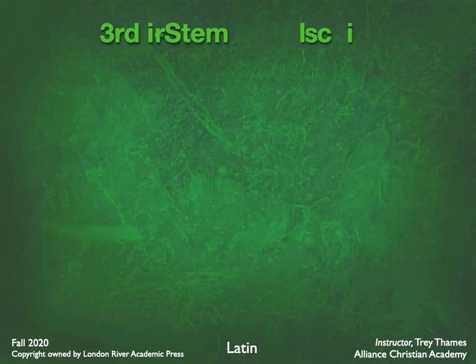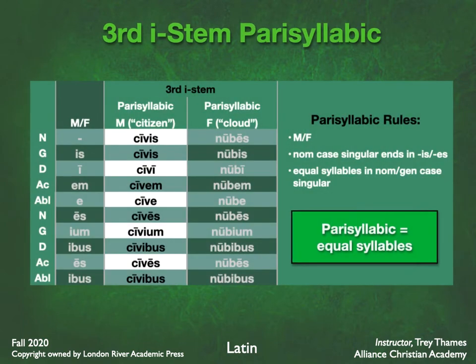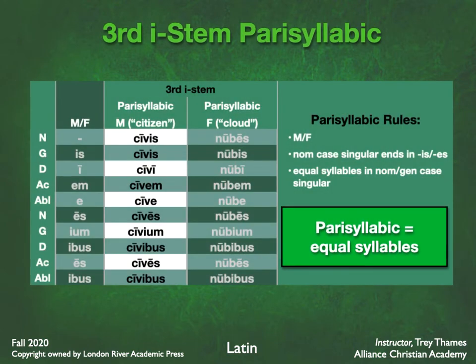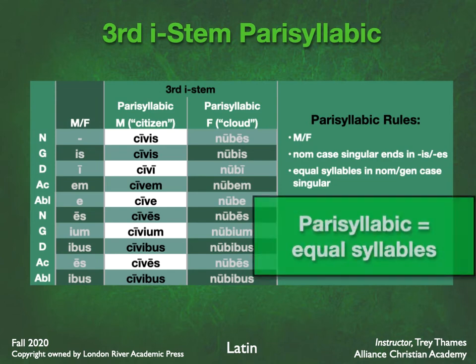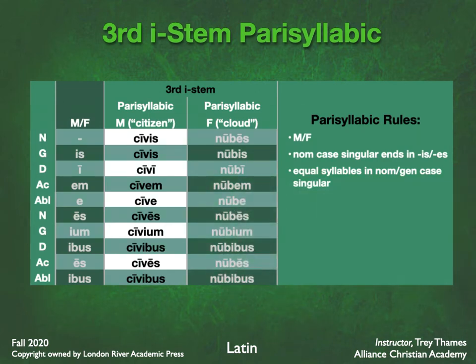All right. Now, third declension I stem. There's a couple of different stems. There are some that are parisyllabic, which means that the nominative case, well, let me say parisyllabic means that they have equal syllables in the nominative and genitive case singular. So in this case, civis, they both are two syllables.